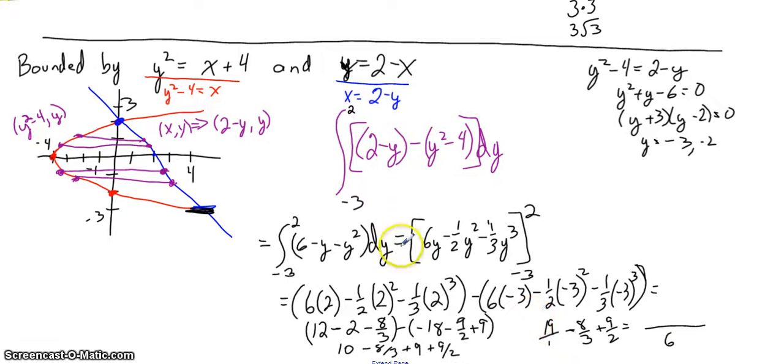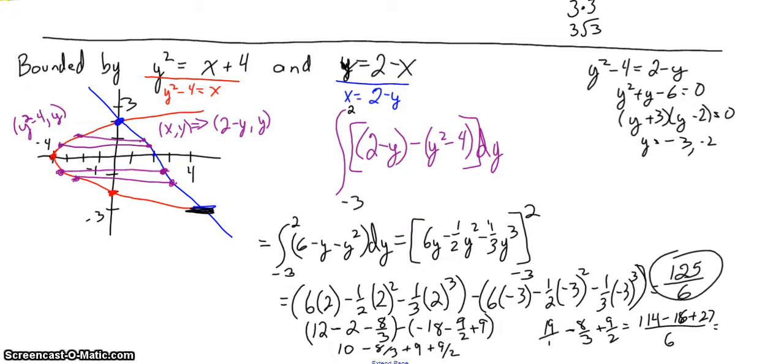So that's like what? 114 plus 27 minus 16 gets us 125 over 6.